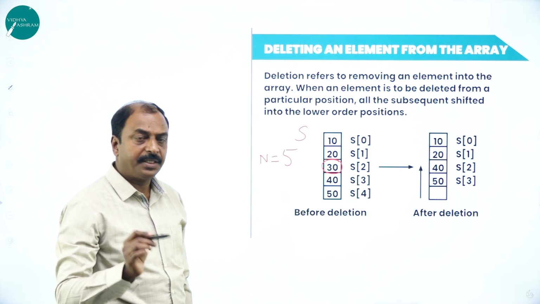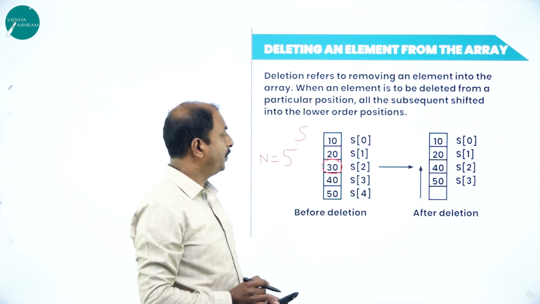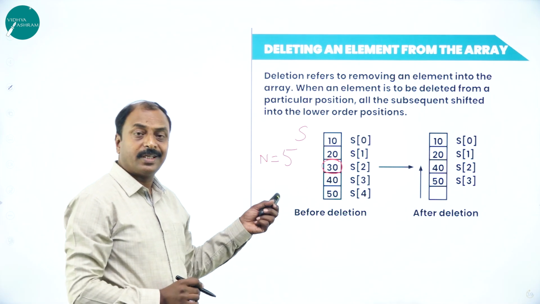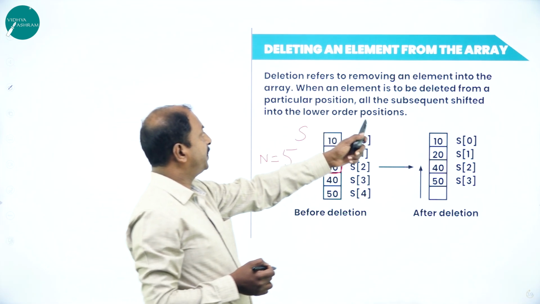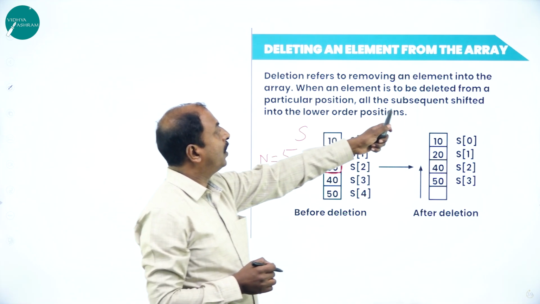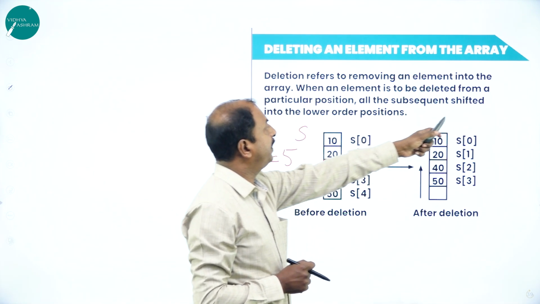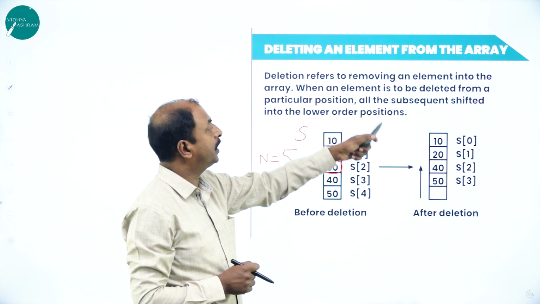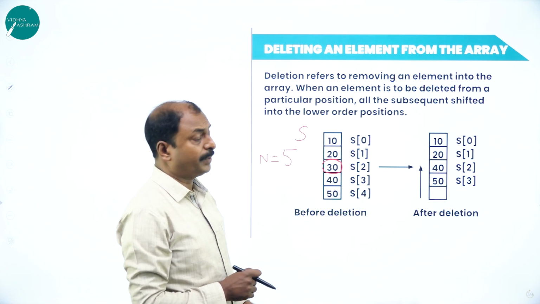What is the logic here? As per the definition, when an element is to be deleted from a particular position, all the subsequent elements should be shifted into the lower order position. What is the meaning of that?